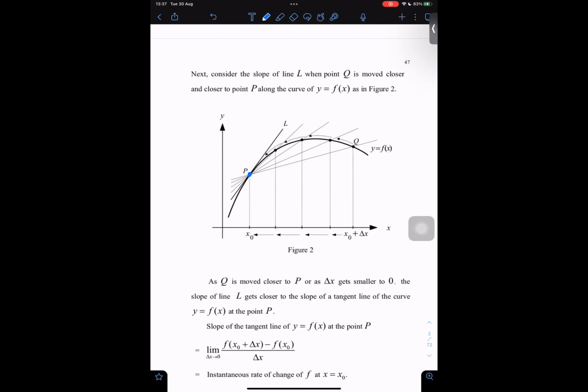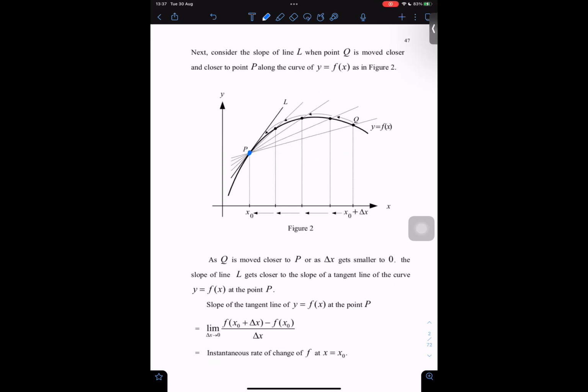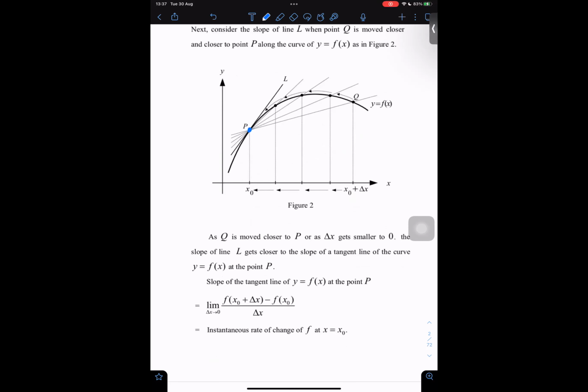We use the definition of the limit, which you already studied.